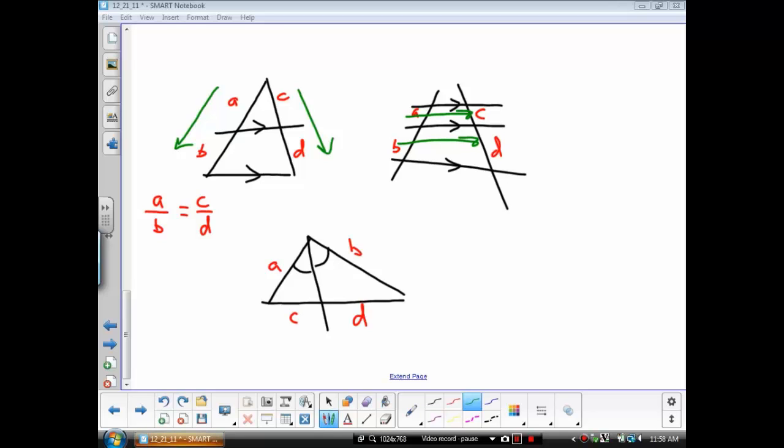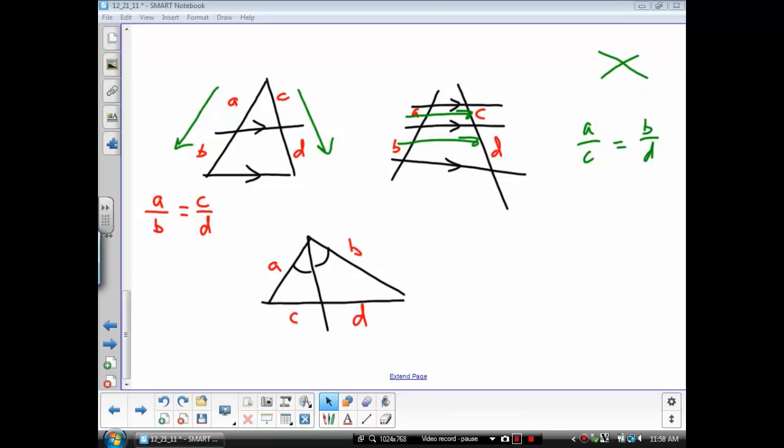And we come up with A is to C as B is to D. It's the same proportion. Cross multiply: AD, BC. It is the same for both proportions, AD, BC.